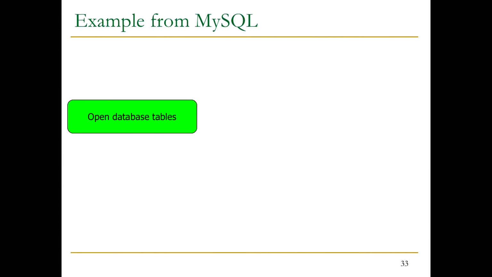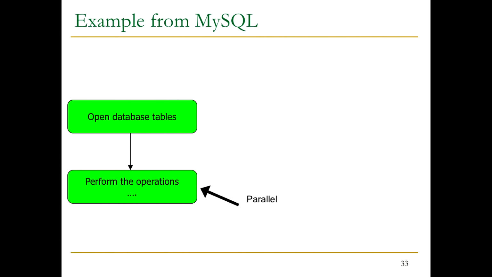This is one example from one database, MySQL. And this is something that some threads do. You open some database tables, and you do some operation. Basically, you need to get access to the columns that you're operating on, for example, if you're doing a column scan as a thread. So to be able to do that, you need to open the table, which really has locks for the database and the columns and rows.